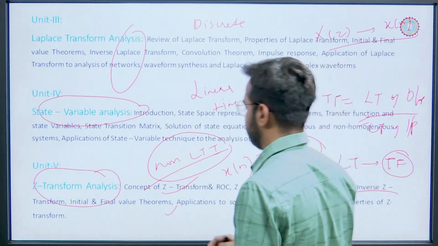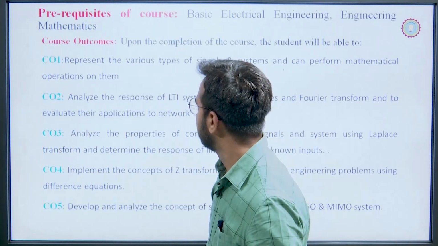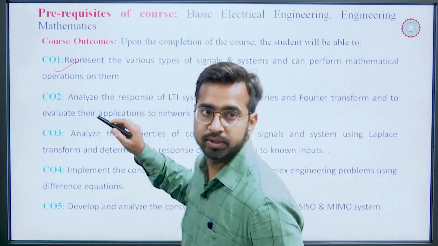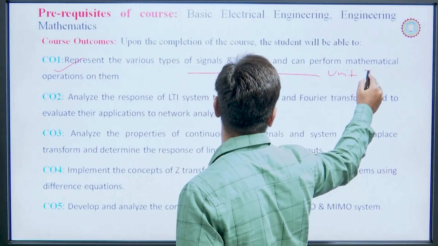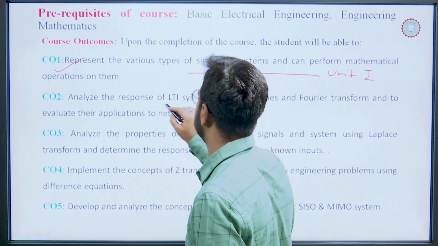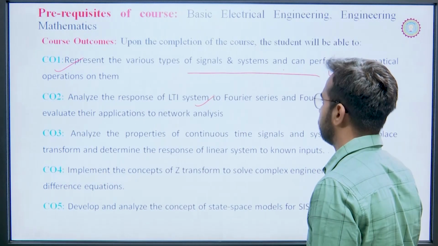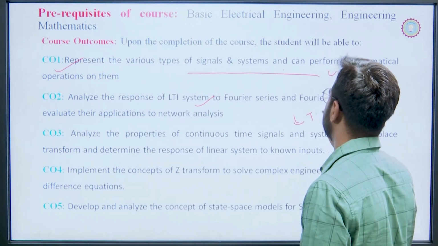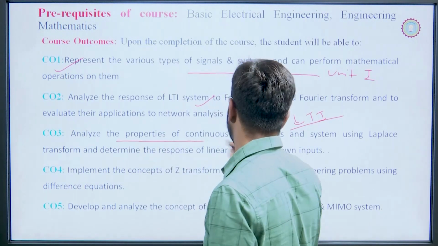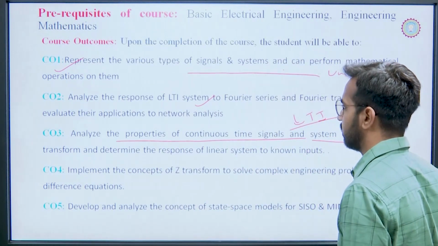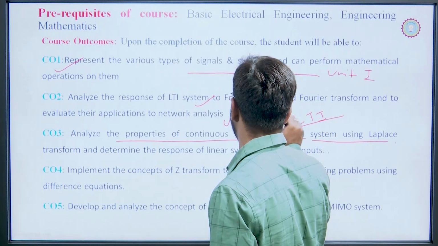After we have studied this, we can easily realize the course outcomes. CO1 was the representation of a variety of signals and systems, which was in unit 1. Then we analyze the response of LTI systems using Fourier series and Fourier transform. Then we analyze the properties of continuous time signals and systems using Laplace transform, in units 3 and 4.